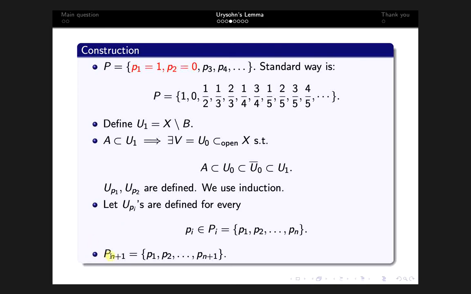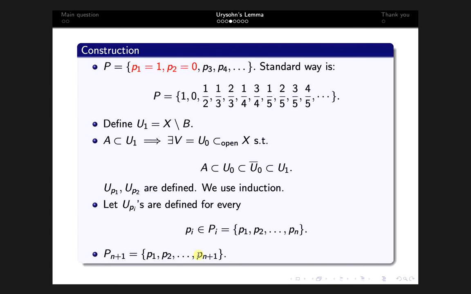First define P_{n+1}, which is equal to the set of the first n+1 elements in P, that is p1, p2, and so on up to p_{n+1}.